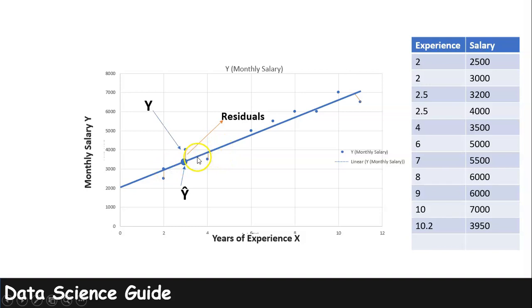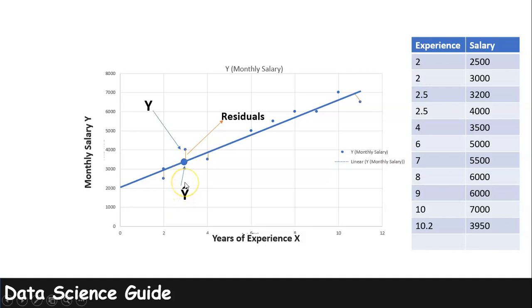So in this case, we will have a difference between the actual values, which are here. Any value not located on this slope line is an actual value. And the points located on the slope line are the predicted values. That's why we call any value on the slope line y hat.